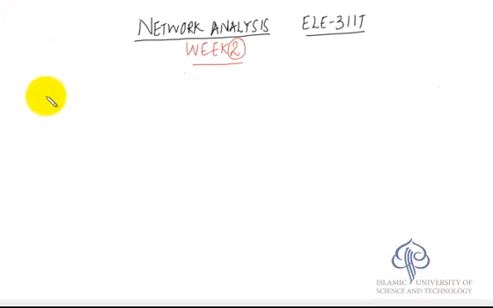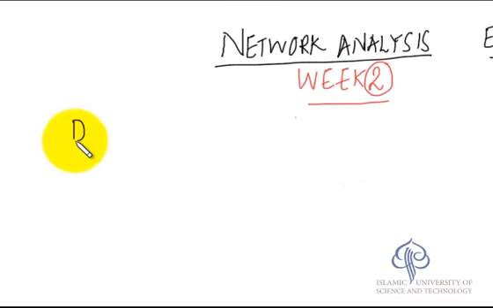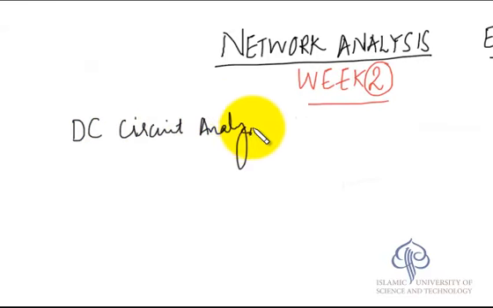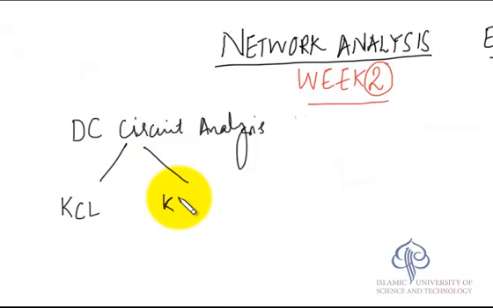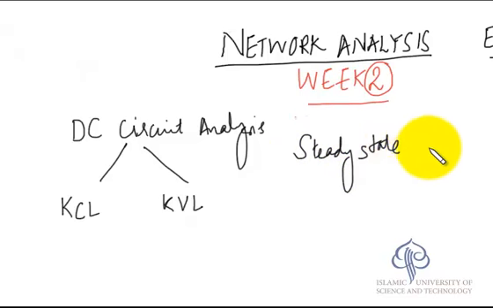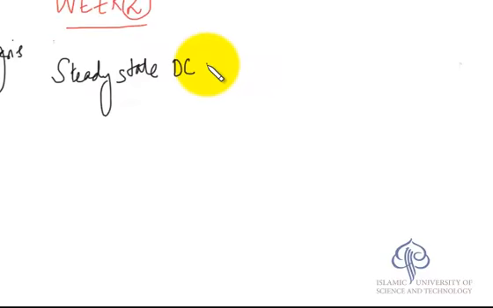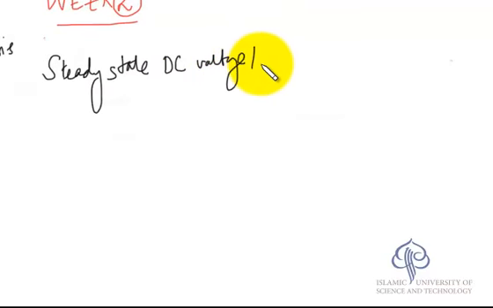We have already seen that for DC circuit analysis, we have tools like Kirchhoff's current law and Kirchhoff's voltage law, and what we are solving for is the steady state DC voltage or current parameter.